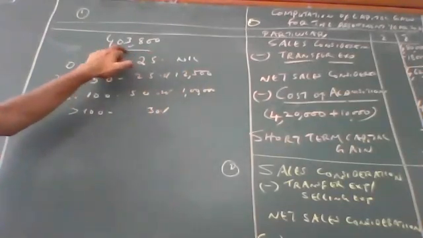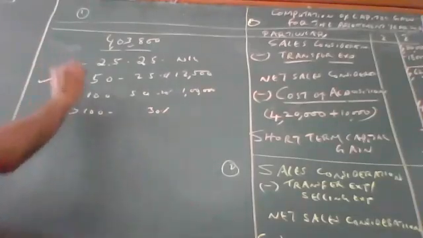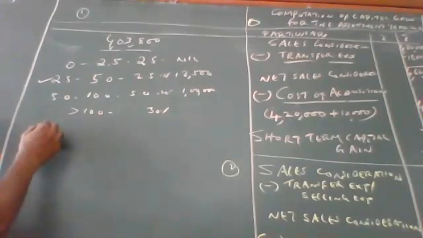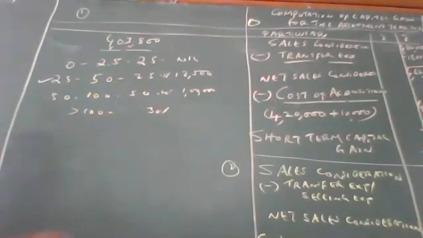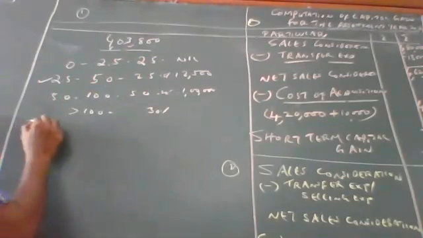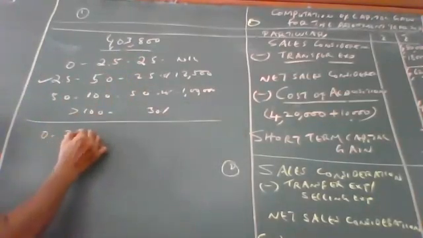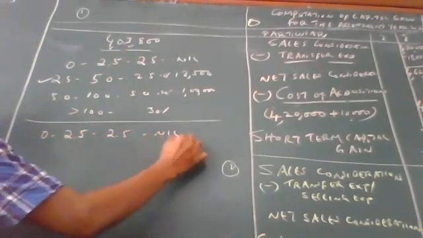Now this value falls in which category? The second category. Calculate how much you got. So first you have to calculate for the second category. I will repeat once again. Now 0 to 2.5, the difference is 2.5, nil tax rate.